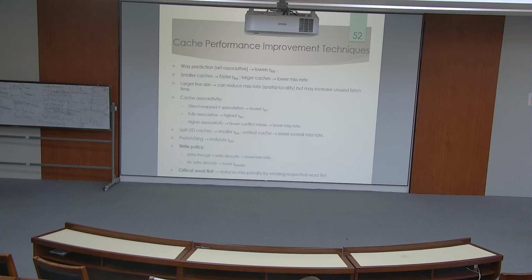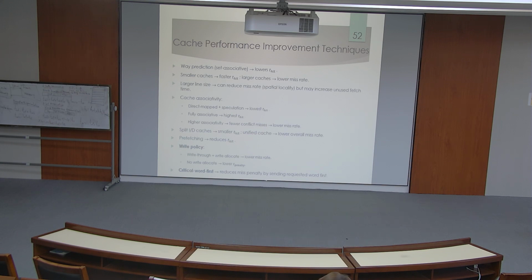Now we have to discuss write-through as one of the improvement techniques for cache performance. We have write-through with write allocate, which has a significant impact on lowering the miss rate. Now we have write-through with no write allocate.